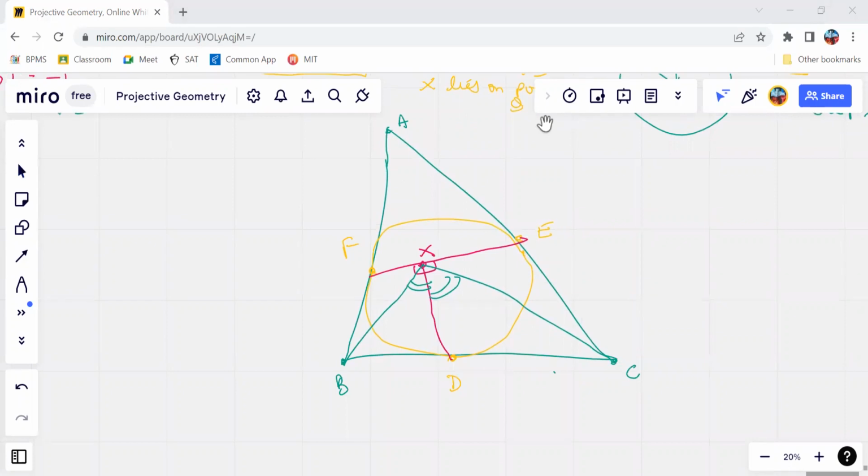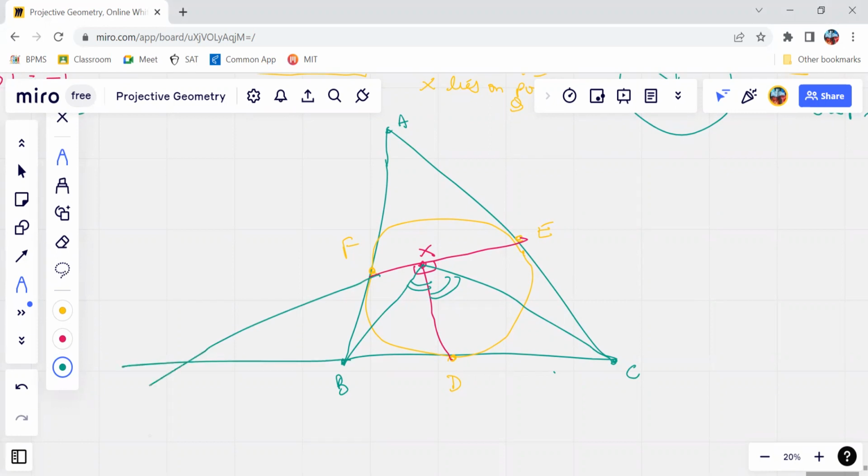Can you extend DF and let it intersect at BC? Then if we show that YBDC is a harmonic bundle, then we will be done. Yes.